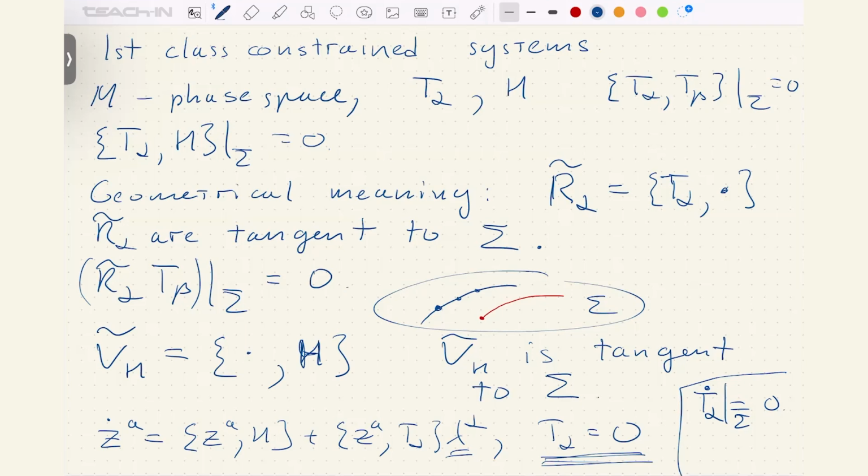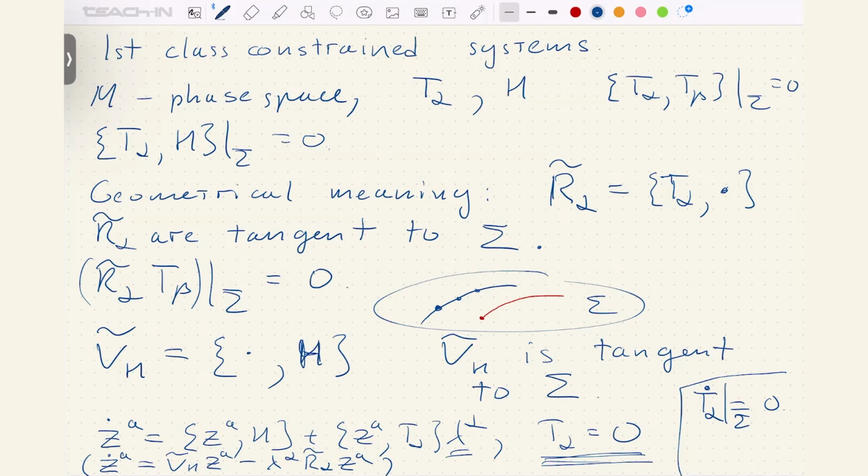Also, to make a link with the notations just introduced, we can write the first equation, I do it below. Z dot A is equal to V twiddle H of Z A minus lambda alpha R twiddle alpha of Z A, right? It's just a rewriting using the definitions of V twiddle and R twiddle. Okay, very good.